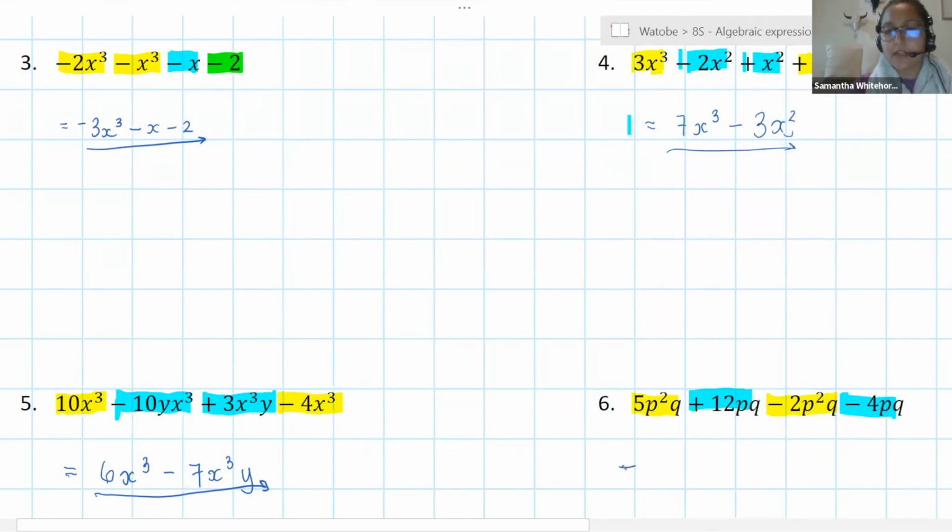If I go and add and subtract, 5p squared q minus 2p squared q is positive 3p squared q. And then when I get to just the pq terms, positive 12pq minus 4pq is positive 8pq. Alrighty, so those are the 3 answers that you should have gotten for 4, 5, and 6.